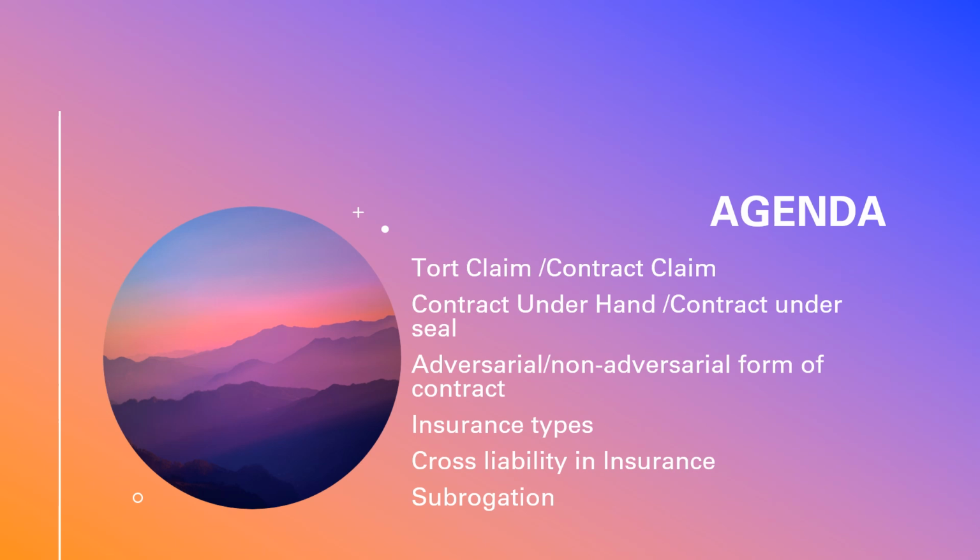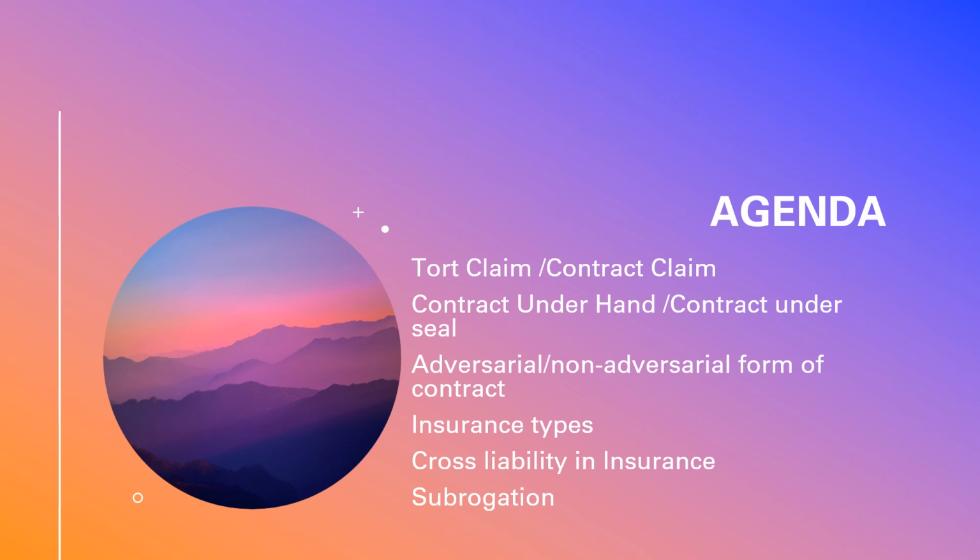Sometimes people drastically change the general conditions. They will use FIDIC as general conditions. Still, when you go to the particular conditions, they will change everything so that it's not in favor of the contractor or is completely biased towards the employer. These kinds of forms will create some issues for sure. This is called adversarial form of contract.